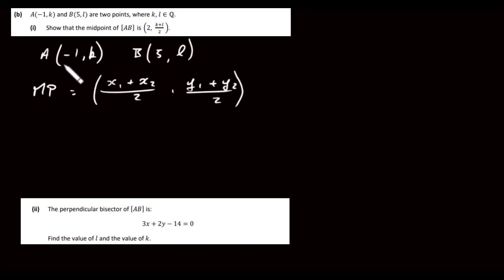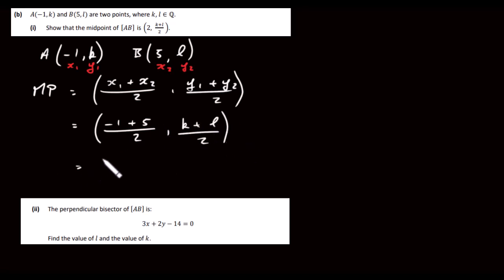Stick those numbers in and we get -1 plus 5 over 2 and k plus L over 2. When you do that, -1 plus 5 is 4, 4 divided by 2 is 2, k plus L, with nothing we can do with that, over 2, and that's it: (2, (k plus L) over 2).